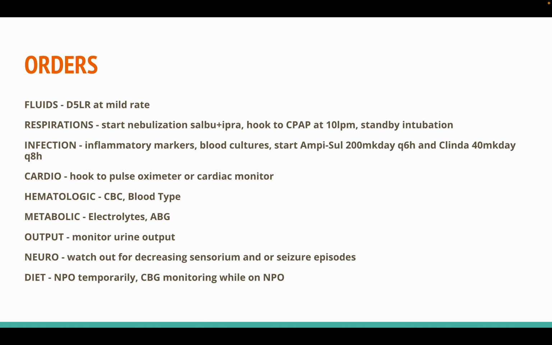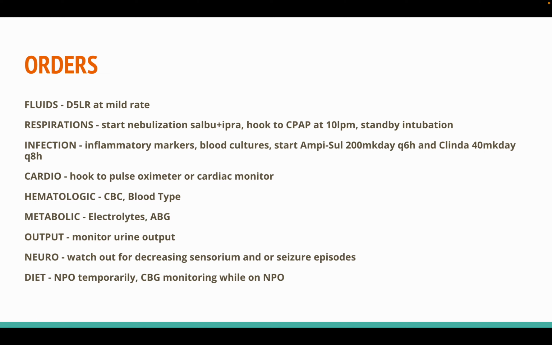For the infection, you could order inflammatory markers. You could also get blood cultures for the patient, and then you could remind yourself to start the patient on ampicillin sulbactam at 200 mkd and clindamycin at 40 mkd.